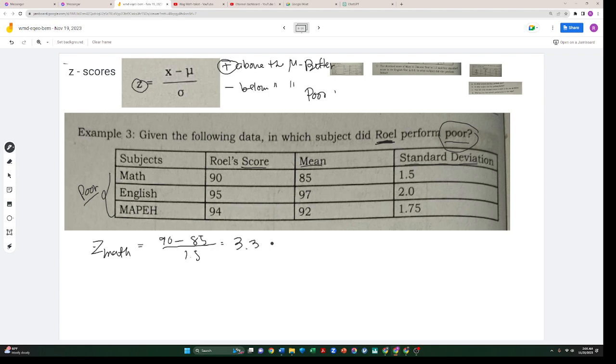So, 3.33, dagan kaayo. So, pwede ra mag-ana na lang ka. Okay? Understandable na pasabot, infinite 3. So, let's go to solve the English.